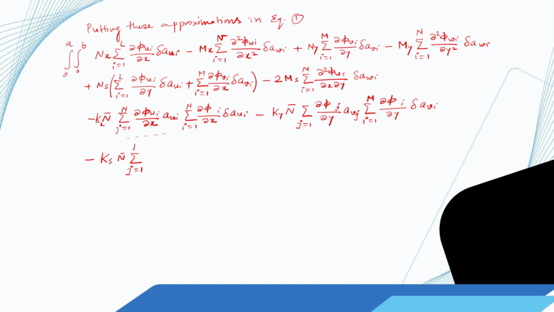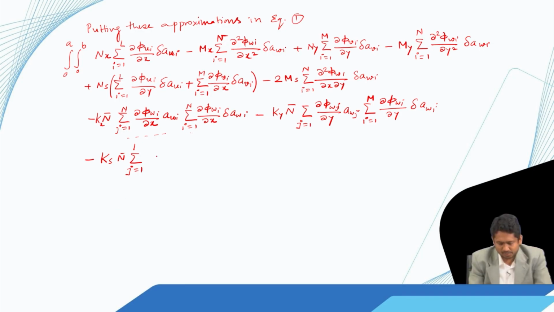Similarly, i equal to 1 to n w i, and this quantity is also del w. So, everything has w, not u or v, a w i. Similarly, w j, a w j, a w i. So, these are all derivatives of w, not u or u0 or v0.